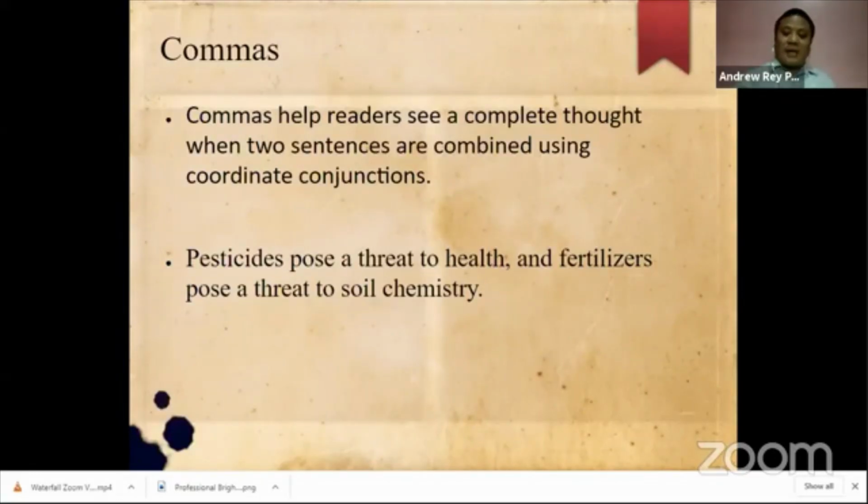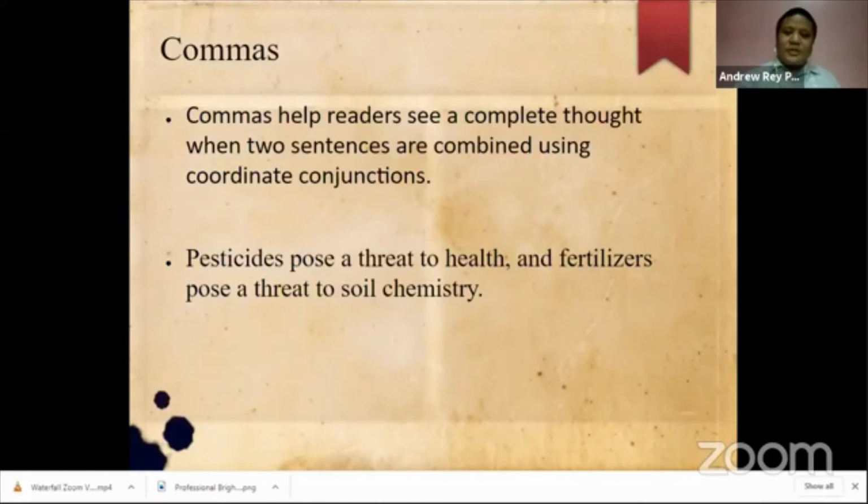Now, if you combine them with the word and, when you put a comma before the word and, it helps signal to the reader that you are combining two complete thoughts. So you say, pesticides pose a threat to health, and fertilizers pose a threat to soil chemistry. So the comma there, the small comma, helps the reader realize that you are combining two complete thoughts.